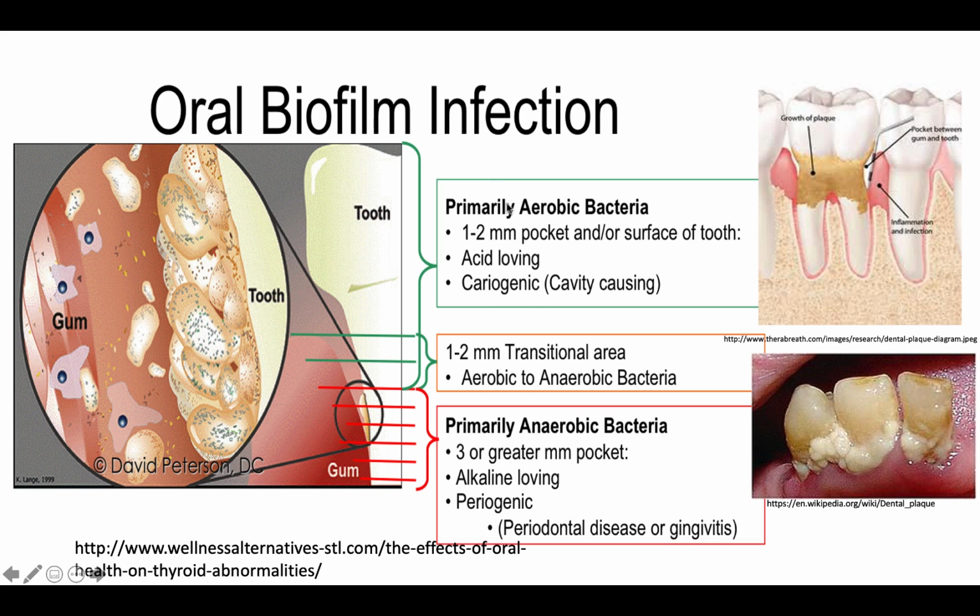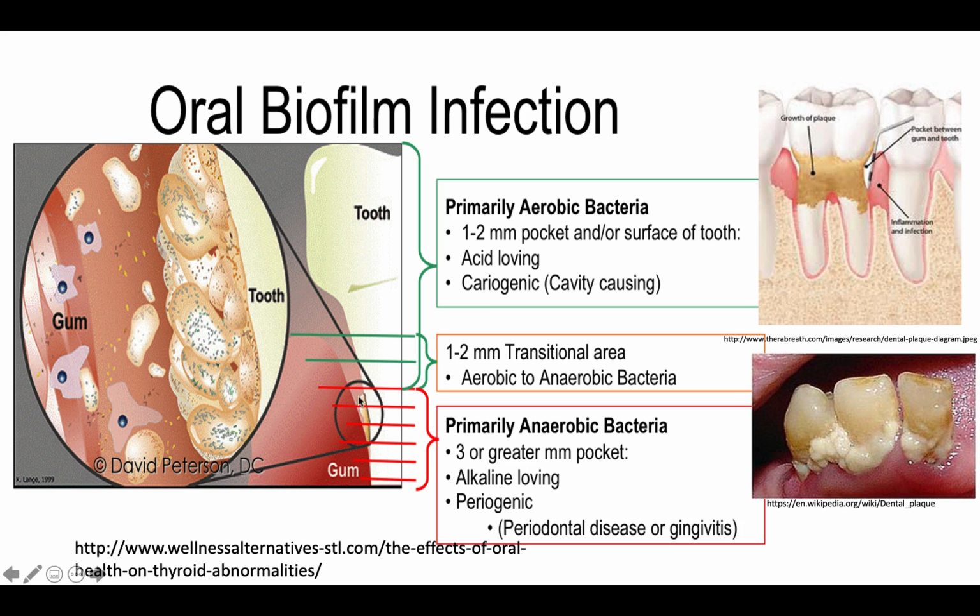So we first have primary aerobic bacteria. They are on the top towards the mouth, the oral cavity. You have the primarily aerobic bacteria, and all these love acid, they can cause cavities, and then you have a transitional area where lots of facultative anaerobes live, and they consume the oxygen.